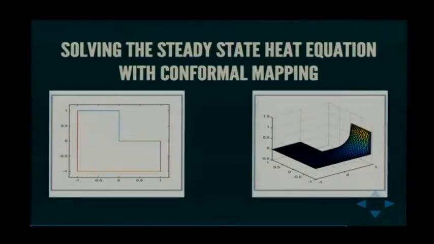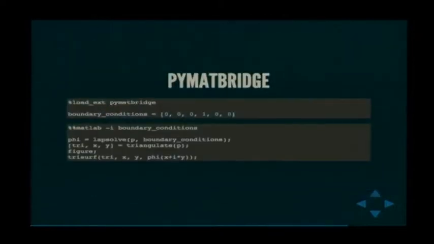Now, because there are such great tools in MATLAB for solving problems exactly like this, in the IPython notebook, I can load a magic, and I can set my boundary conditions, and then I can run a cell, and the code in that cell actually gets exported directly to MATLAB, and it will run as is.